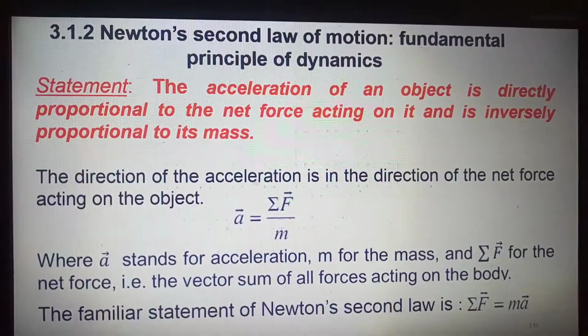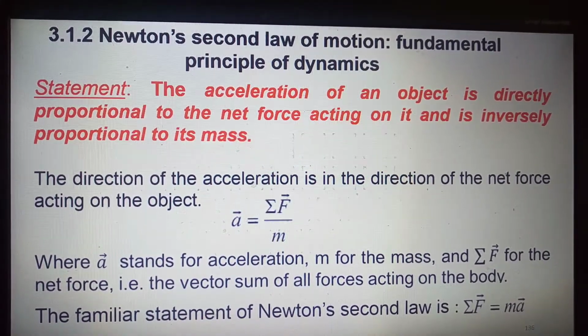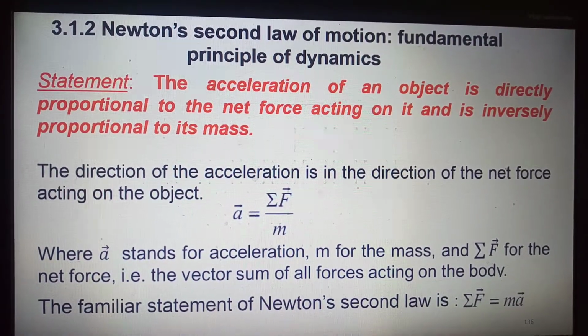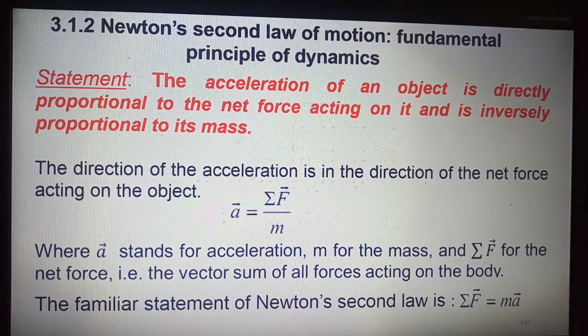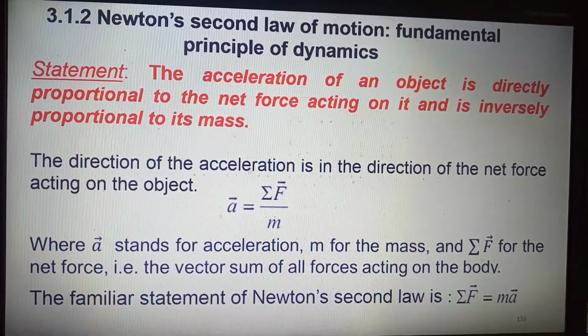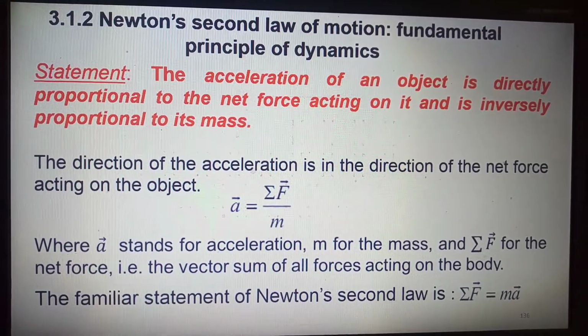We continue with Newton's second law of motion, which is called the fundamental principle of dynamics. It states that the acceleration of an object is directly proportional to the net force acting on it and is inversely proportional to its mass.